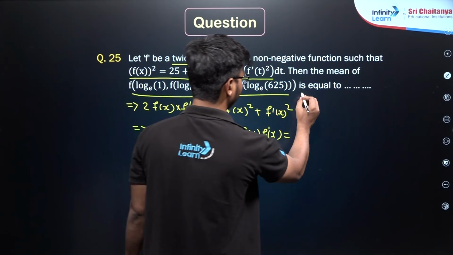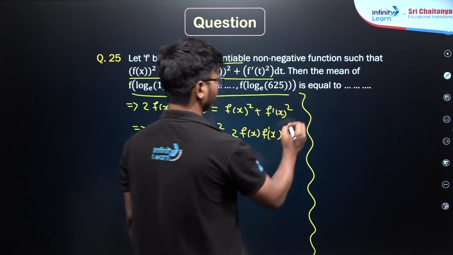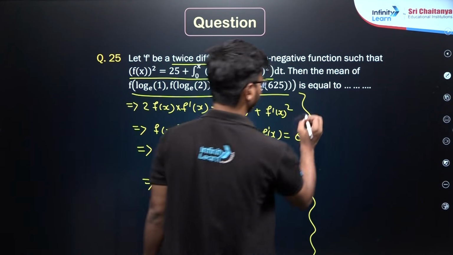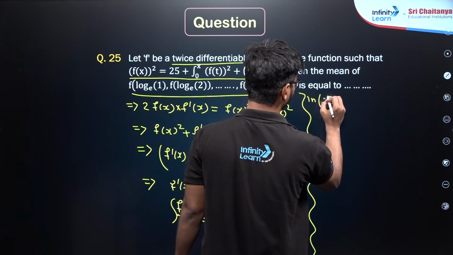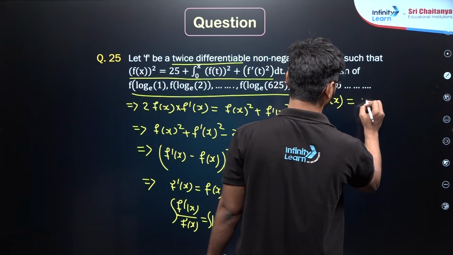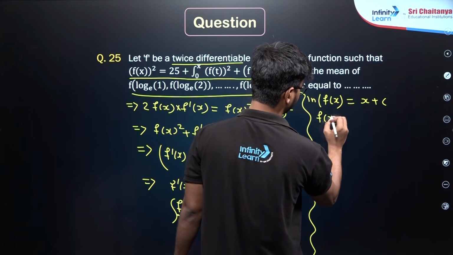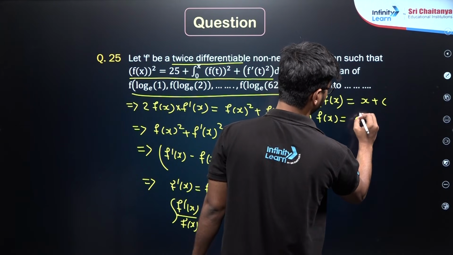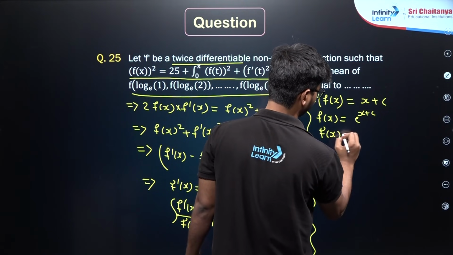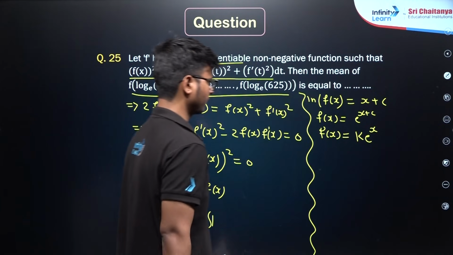Now if I integrate both the sides, we are going to get ln of fx equals x plus c. So I can write fx as e to the power x plus c, which is some k into e to the power x. Correct?